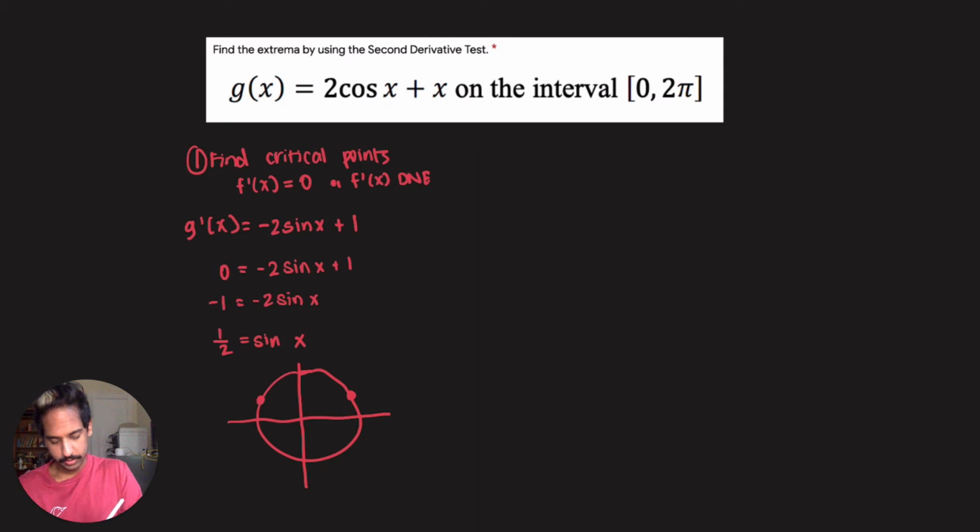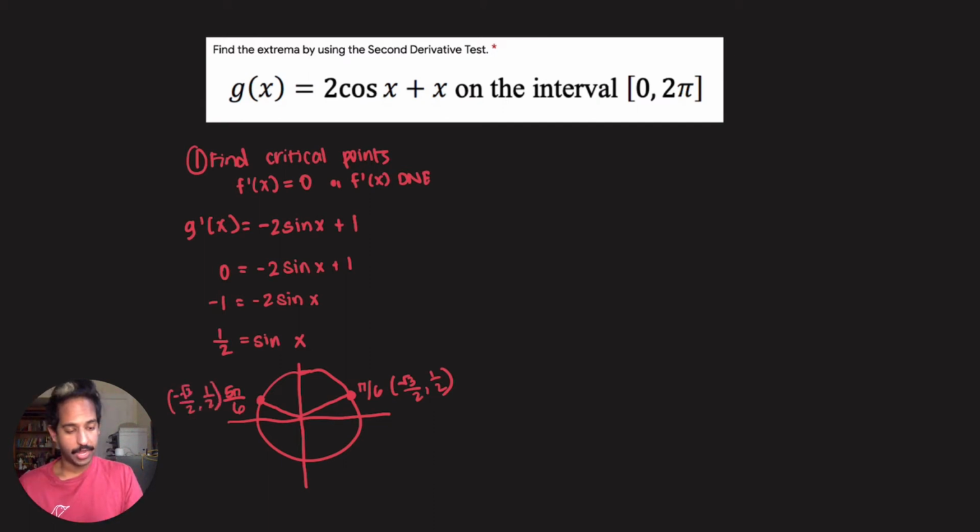At these points. And so I know that this is pi over 6, and this is 5 pi over 6. The coordinates here being root 3 over 2, comma 1/2, and here being negative root 3 over 2, 1/2.